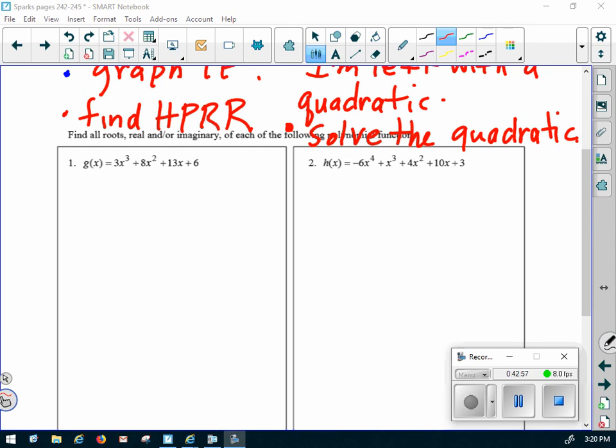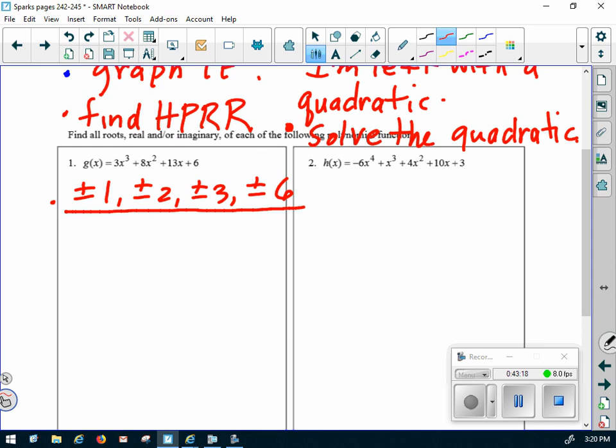What's step 1? What do I find? P over Q. I'm going to find my possible rational roots. What's P? Over? Let's write them out just because you can.